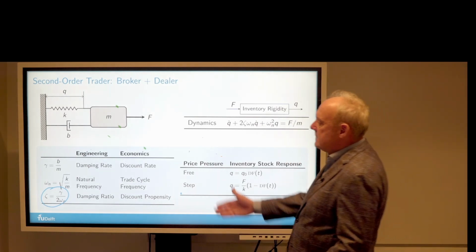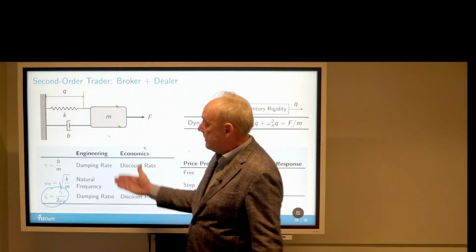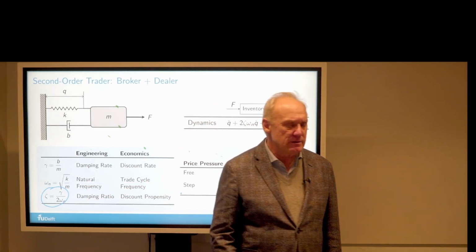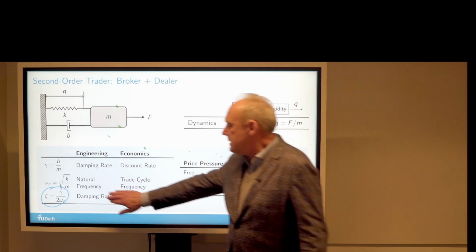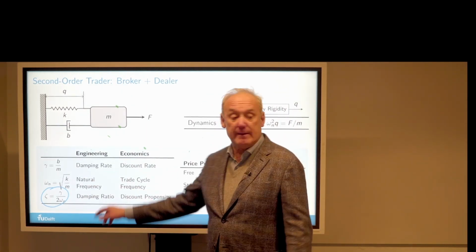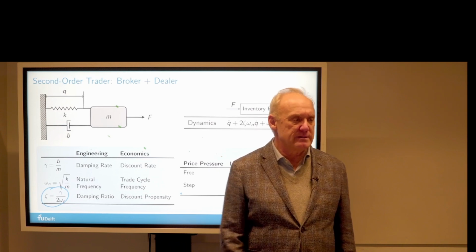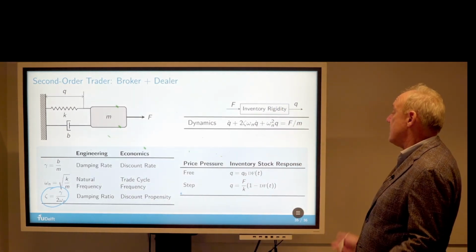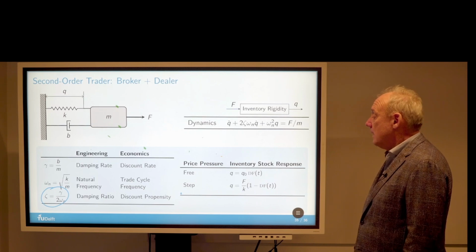So here you see, this is all you need to know about a second order system, right? Basically this, and then you're done. These two: we have a frequency, and we have this damping ratio, and this propensity to consume. And that will tell us how the response will go.